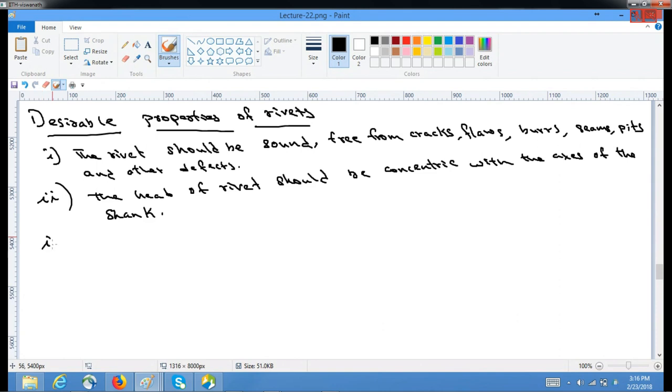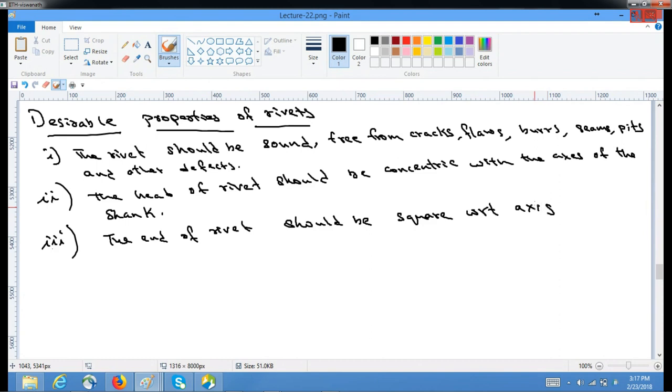Next, the end of a rivet should be square with respect to the axis.